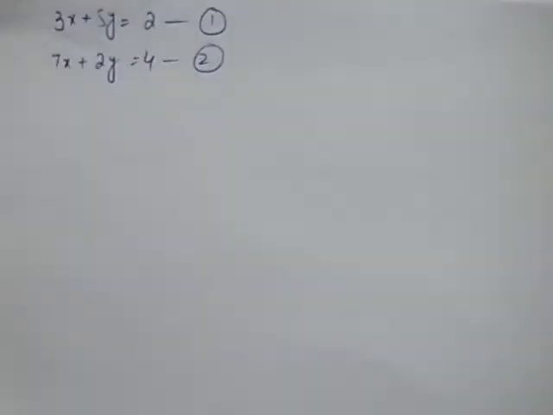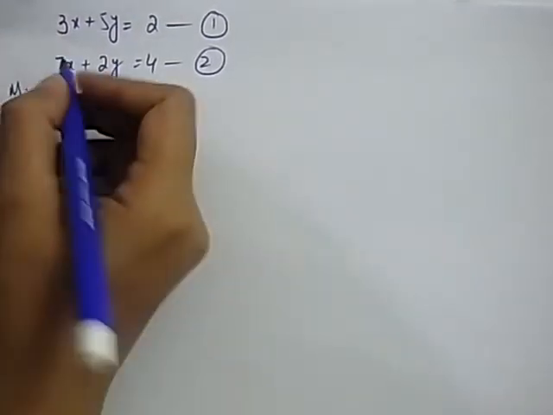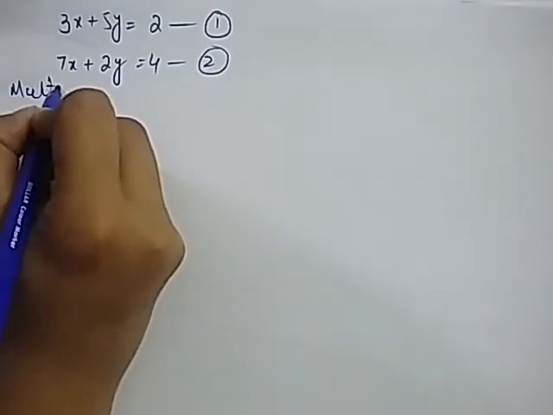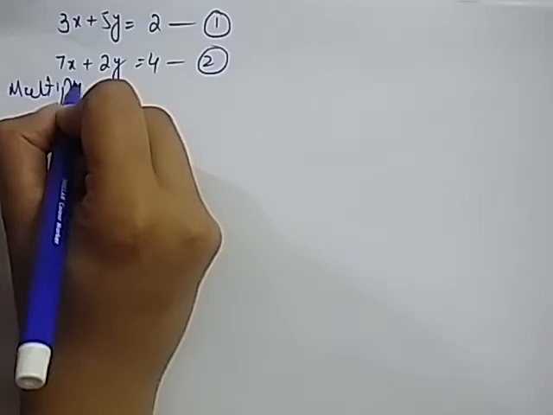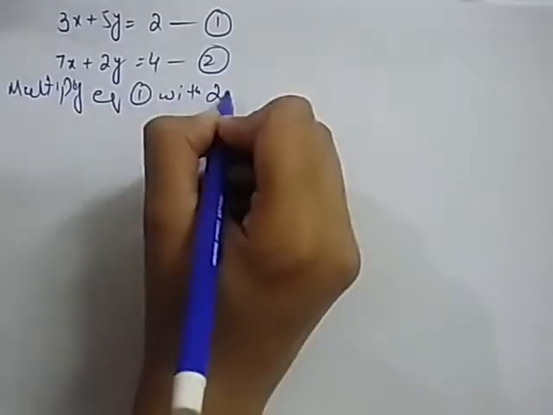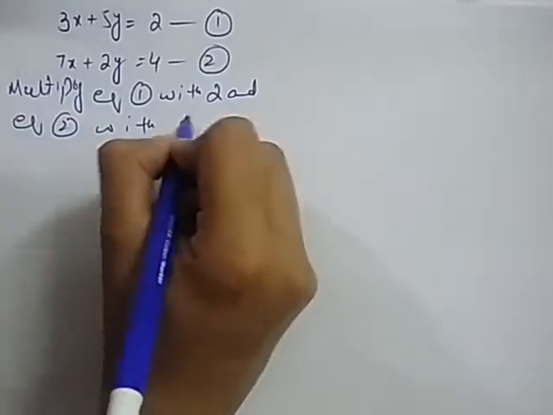I am going to make the coefficients of y the same. For that, I have to multiply equation 1 with 2 and equation 2 with 5. You can make the coefficients of x the same, it's up to you. The answer will remain the same. Multiply equation 1 with 2 and equation 2 with 5.